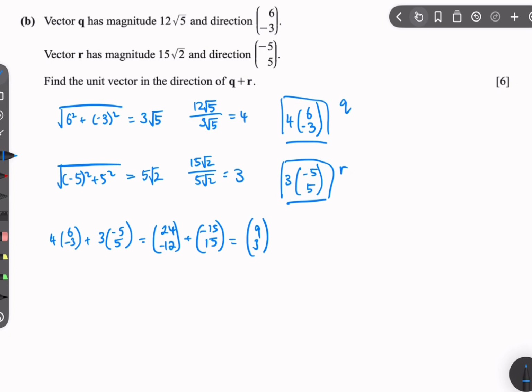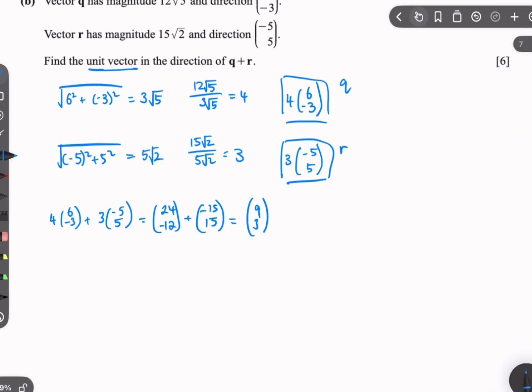Okay, now that we have the vector for Q plus R, we need to find the unit vector. And unit vectors only have magnitude of 1. So we can find the magnitude first. It is 3√10.